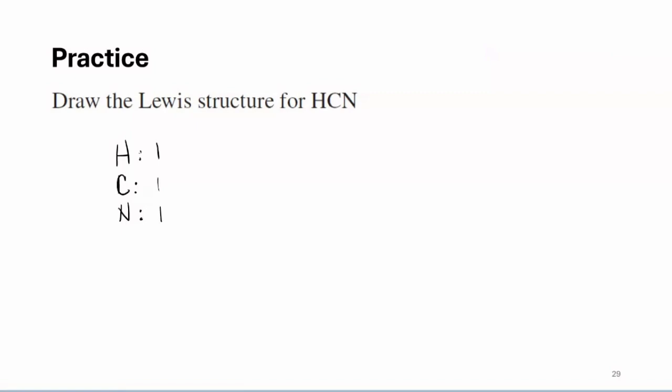When it comes to the group number, hydrogen is in 1A, carbon is in 4A, nitrogen is in 5A. So that means that every hydrogen is contributing 1 electron, every carbon is contributing 4 electrons, every nitrogen is contributing 5 electrons.